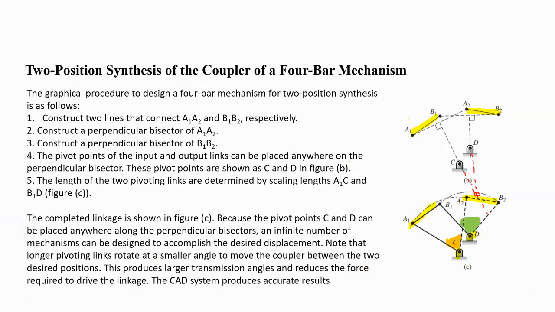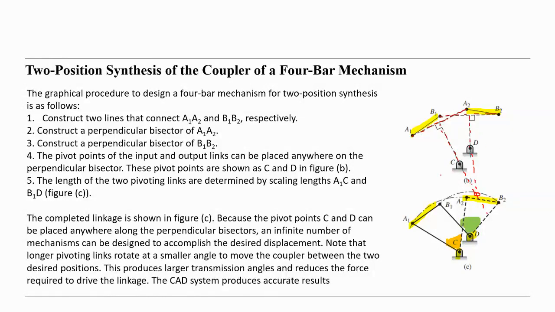What we do actually, we connect as we did in the previous example, A1, B1, and also A1, A2, and then B1, B2, and in the middle a perpendicular line to B1, B2, and the same perpendicular line for A1, A2.